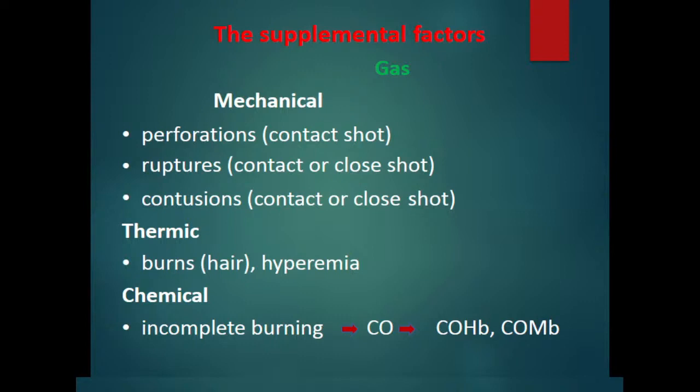There is a lot of carbon monoxide there, so it leads to production of carboxyhemoglobin and carboxymyoglobin, which have a pinkish, bright red color. If we see such coloring of the blood within a wound, it would be one of the signs, one of the pieces of evidence, that this was a relatively close range shot.